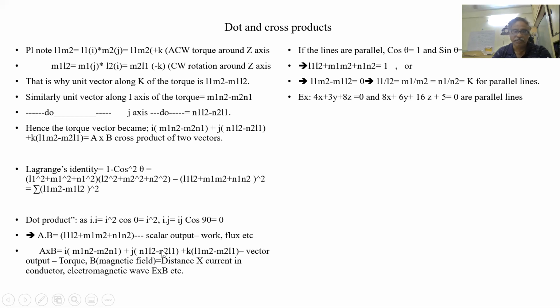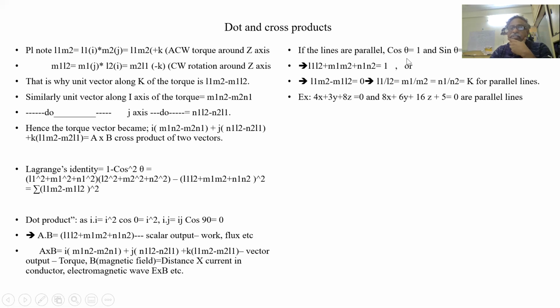Root of x square plus y square plus z square. So we use this torque in terms of the magnetic field B: distance into I into L cross B. You get the electromagnetic wave E cross B. All are cross. Some are cross vectors, some are dot products, like flux and work.